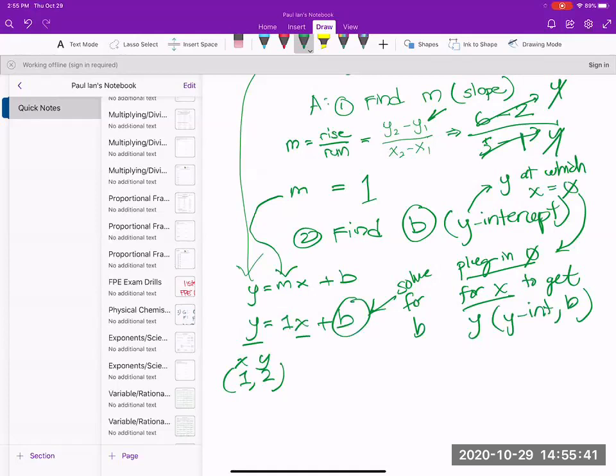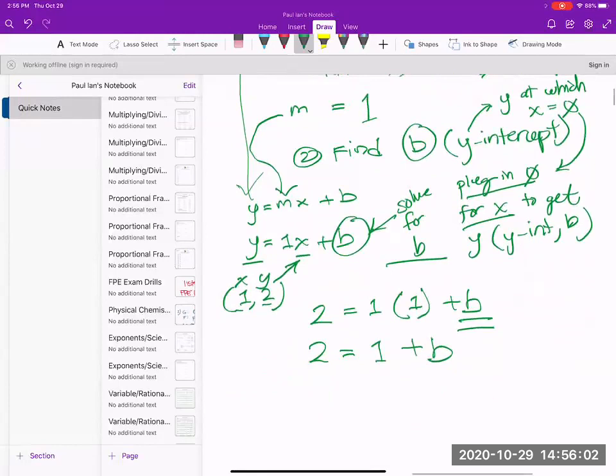So plug them in here and solve for b. You have y equals 2, x equals 1. So 2 equals 1 times 1 plus b. Solve for b. So 2 equals 1 plus b. Then minus 1, and this is 1 equals b. So b equals 1.